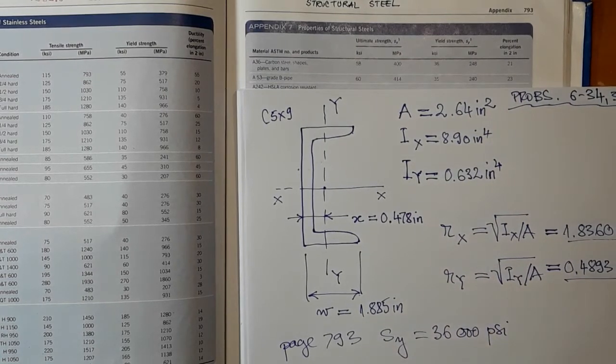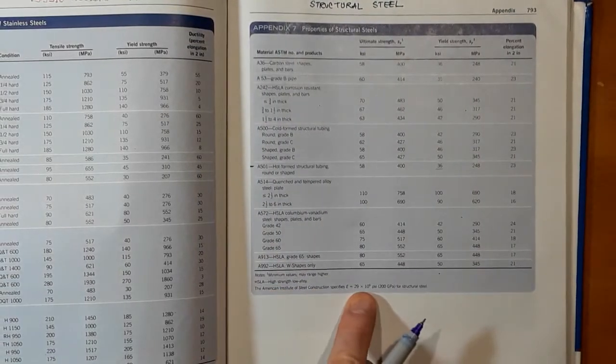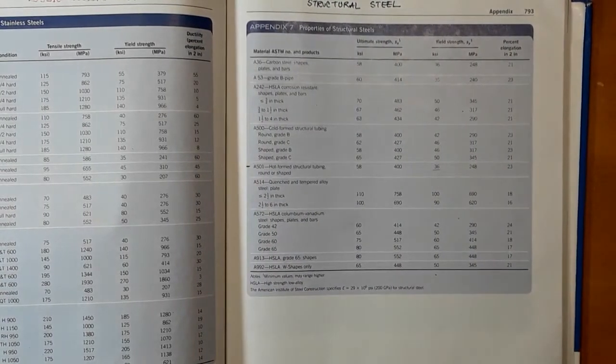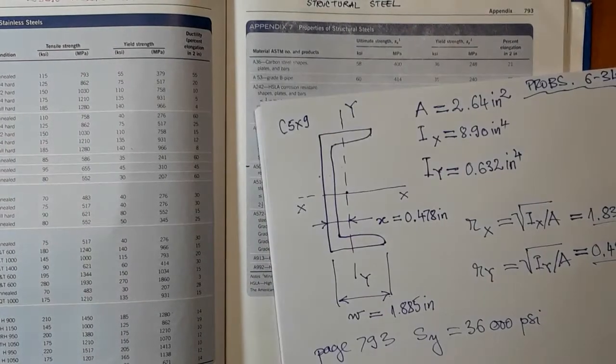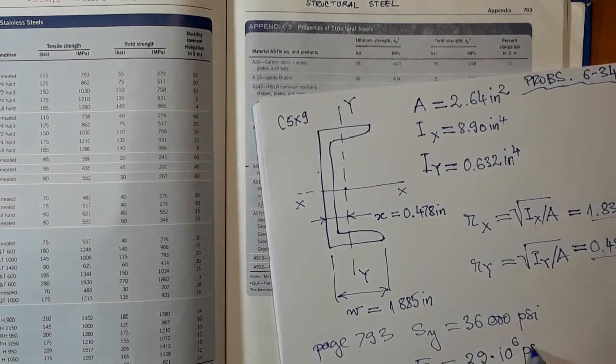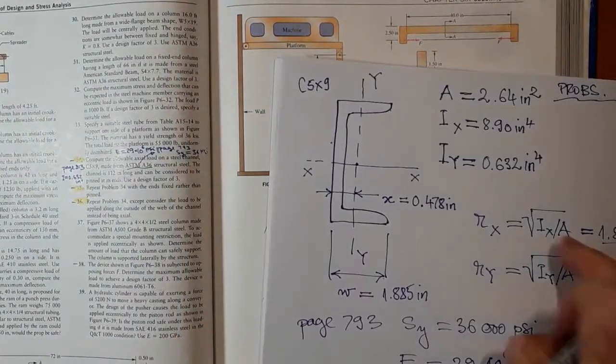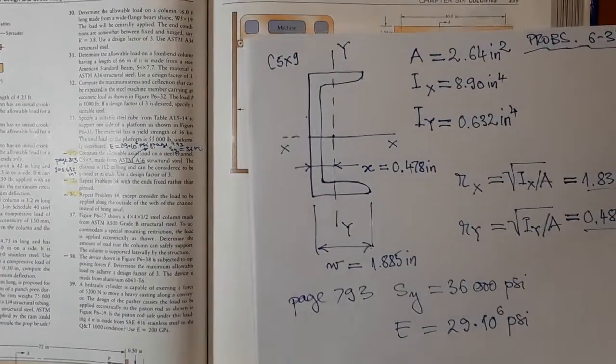And then Young's modulus, that is modulus of elasticity, it's a footnote here. E is 29 times 10 to the power 6 psi. All right, so we have everything that we need, and we calculated the radius of gyration.